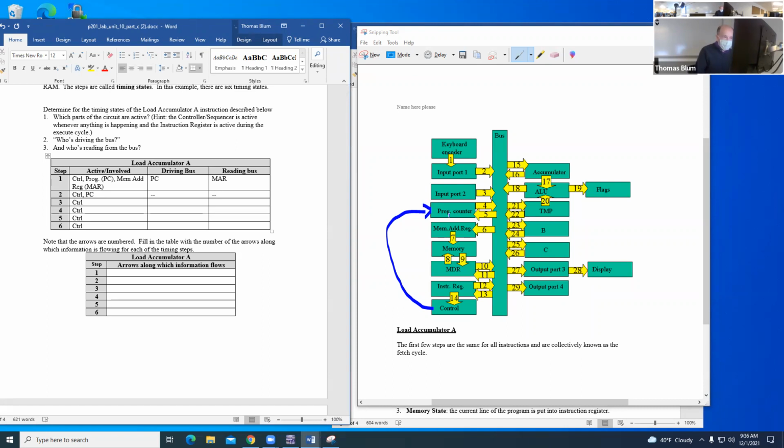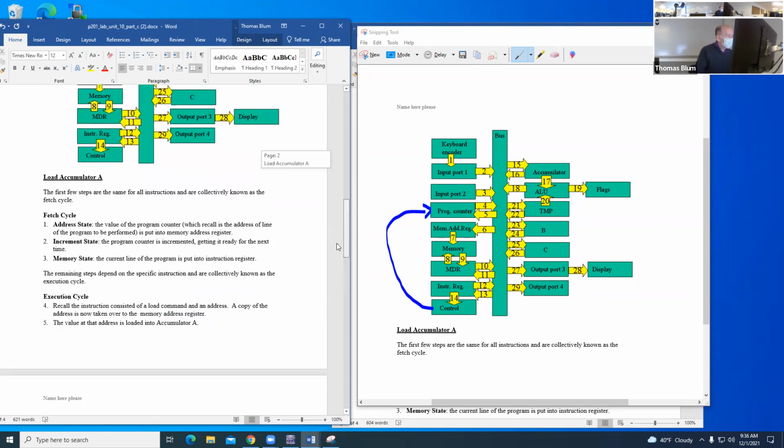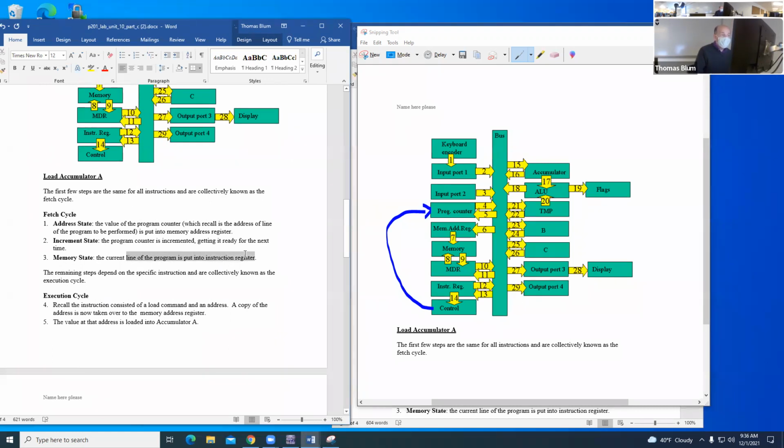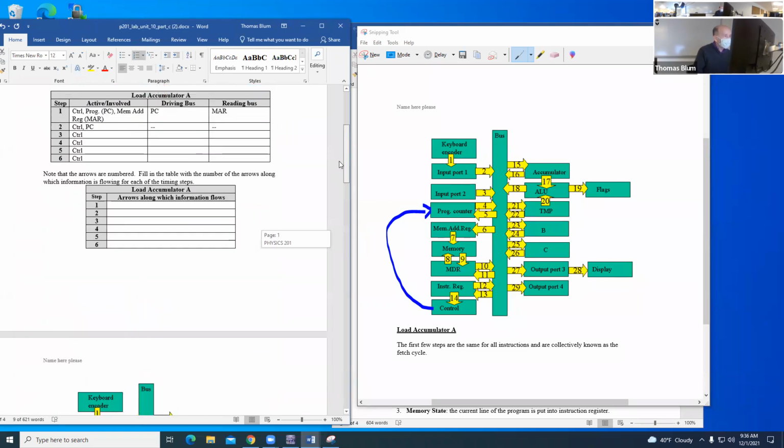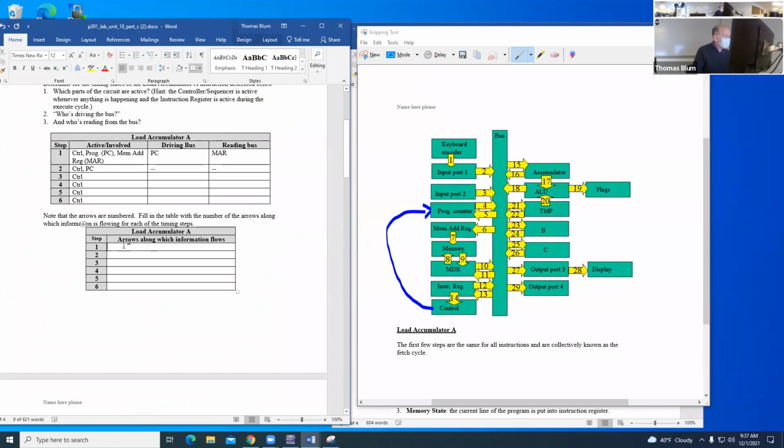Some control connection that we're not showing in this picture, but there's no bus here. Then the third step is to take the current line of the program and put it into the instruction register. Oh, I didn't do my arrows, I'm sorry. So the first arrow, the first step arrow was 4 and 6. And then down here, there's no arrows, none of the numbered arrows. There's some control that is not shown.